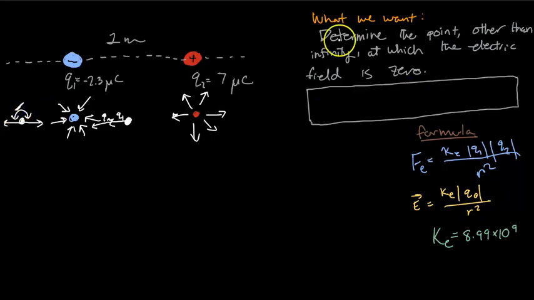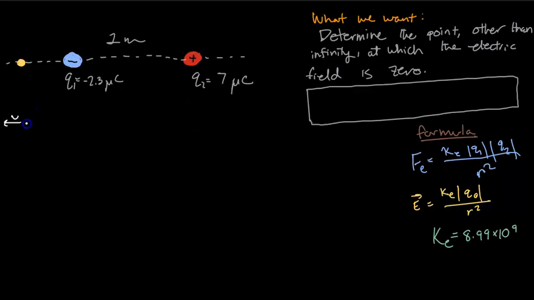So we will be looking for the distance of a particle somewhere to the left of both of our particles. And we'll just write that down right here. To the left of Q1.